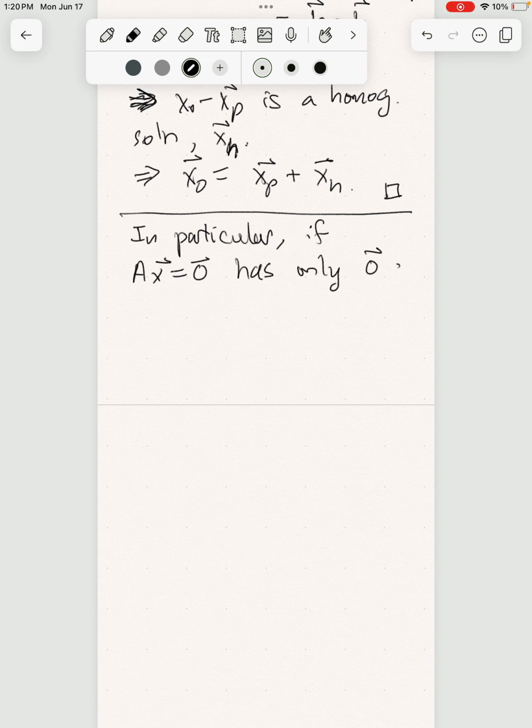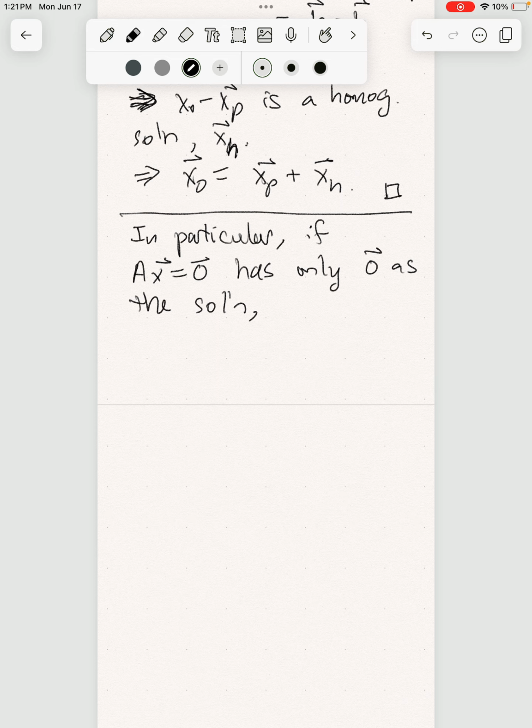And this happens whenever the columns of A are linearly independent.